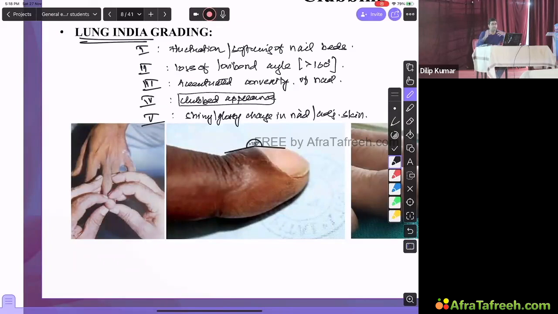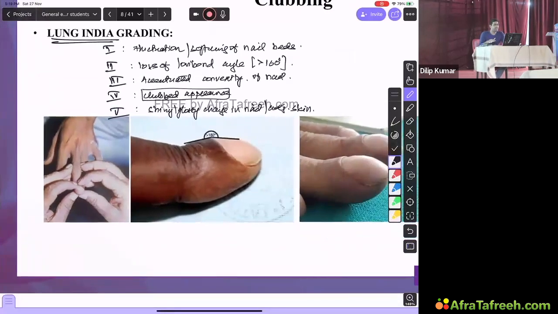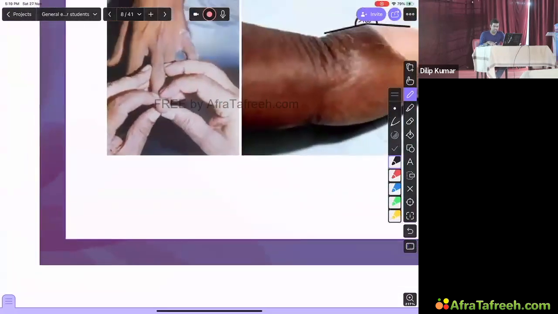The nail looks very shiny, the skin around it also starts looking very shiny, which is due to some neurovascular changes happening nearby. So this is the exact Lung India grading. You can say fluctuation, loss of Lovibond angle, parrot beak, drumstick, and local skin and nail changes. These are the 5 grades of clubbing. So what are they trying to do here?